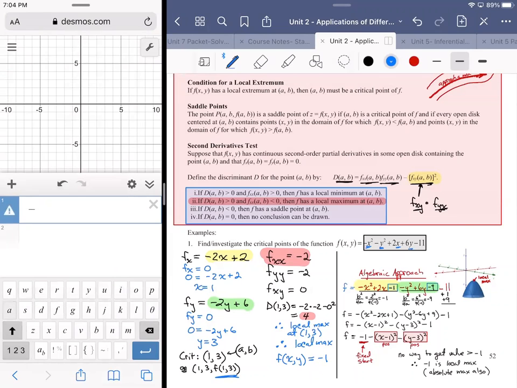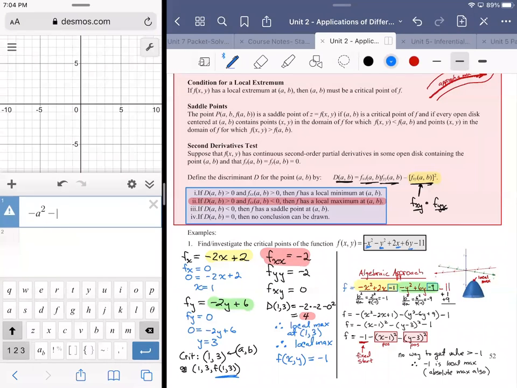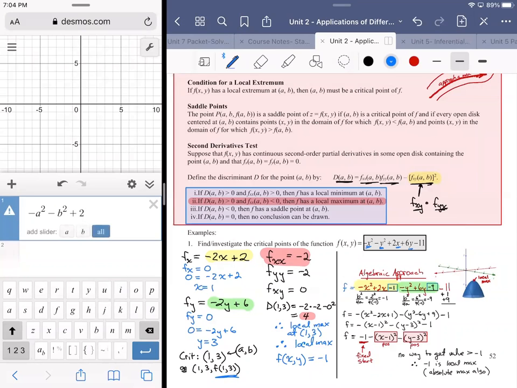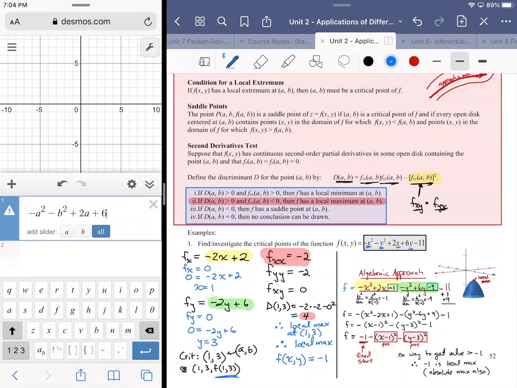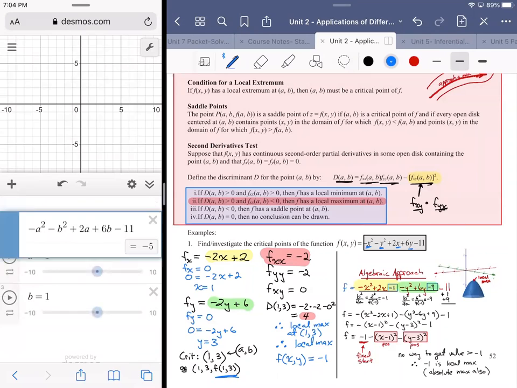So negative a squared minus b squared. This way it'll create sliders for a and b that I can move to whatever I want. I could also just flat out type it in, but hopefully you know at this point that I'm more about trying to come up with a method that I could use repeatedly than something that's a one-off.